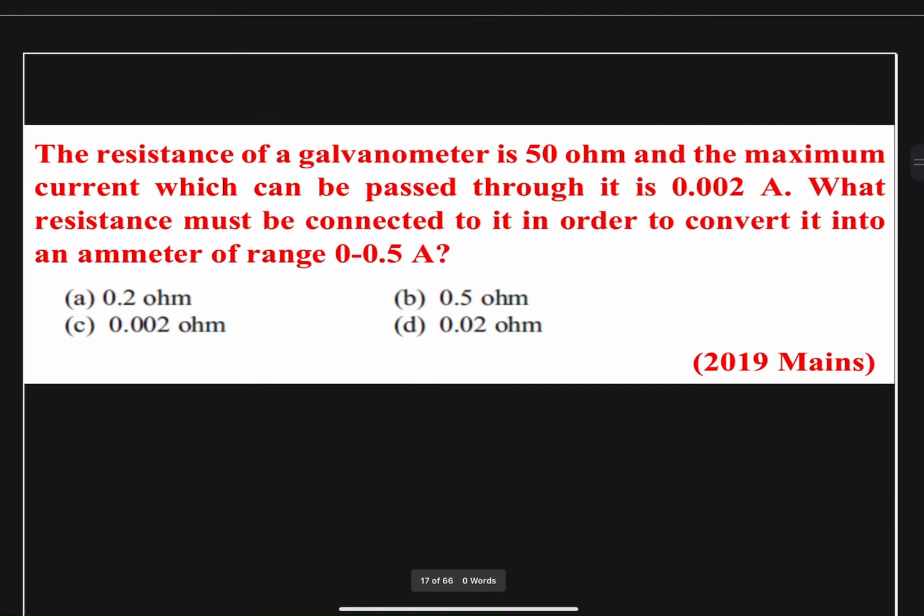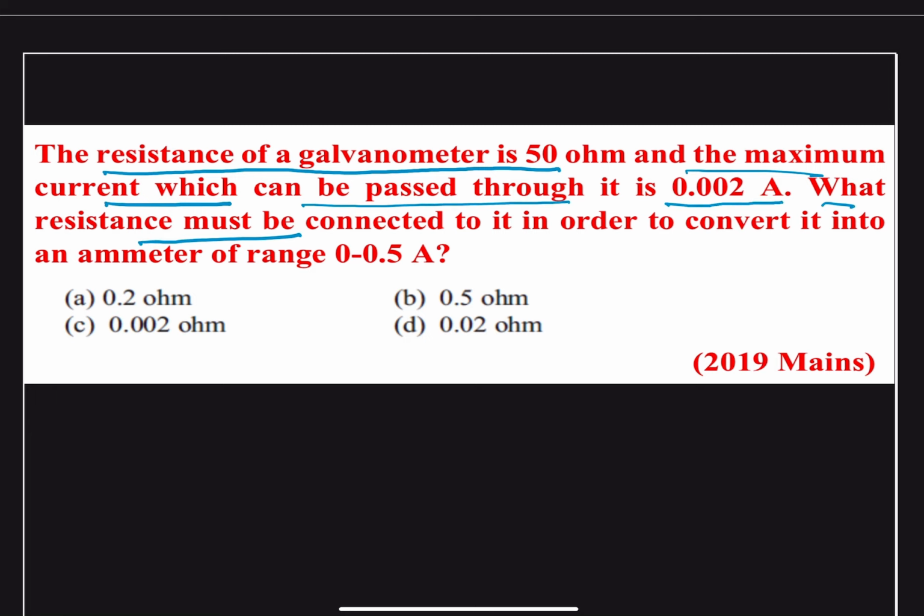and in the next question it is given that the resistance of galvanometer is 50 ohm and the maximum current which can pass through it is 0.002 ampere. What resistance must be connected to it in order to convert it into an ammeter of the range 0.5 ampere?